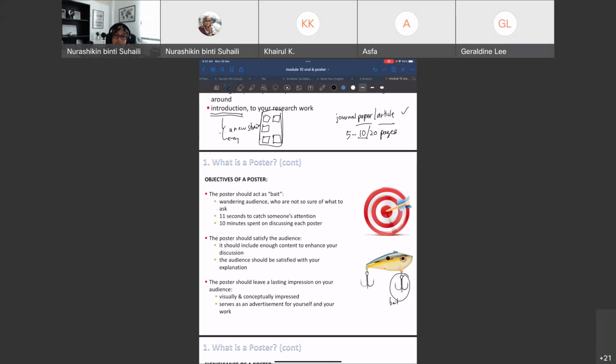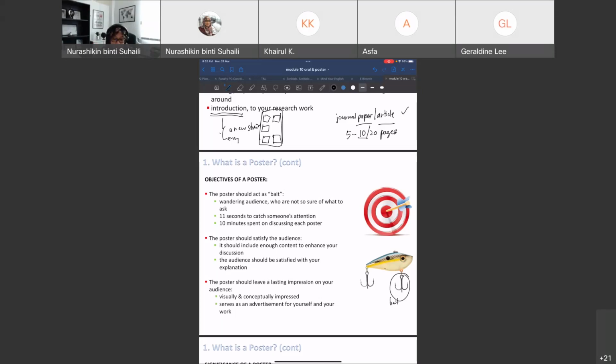So in research, we want to give some sort of introduction, just for people to know you. Oh yeah, you are working with maybe a new strain of Bacillus subtilis. It's like getting a place in academia or in research.